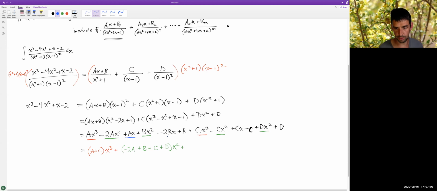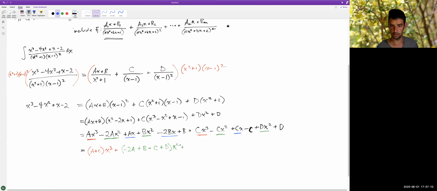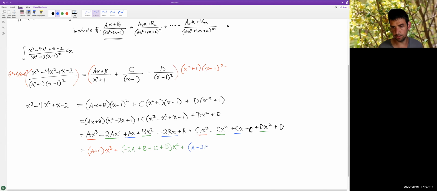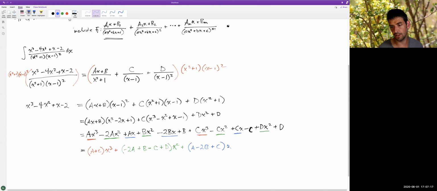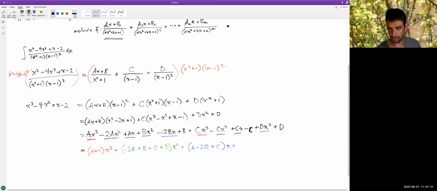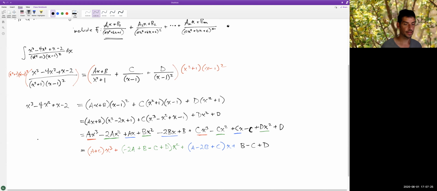We've got this one, this one, this one. Okay, so that is a minus 2b plus c times x. And then finally our constant terms, what is left, we've got b minus c plus d, right?